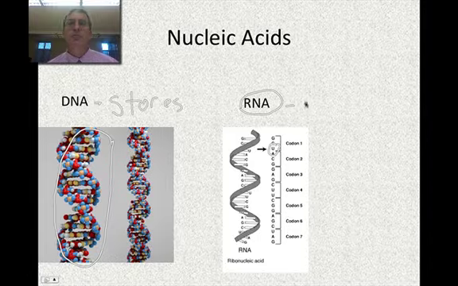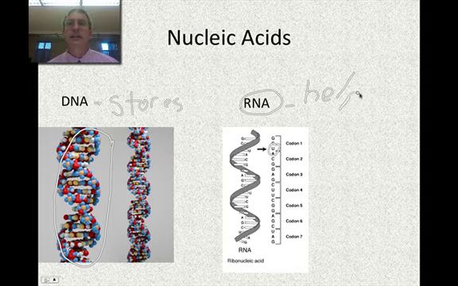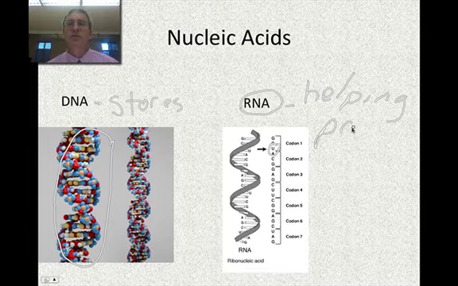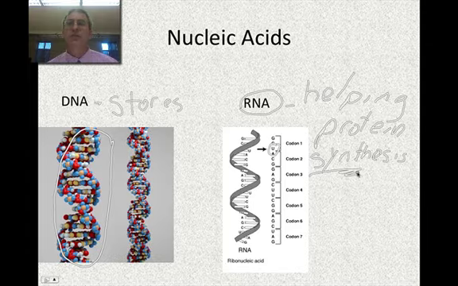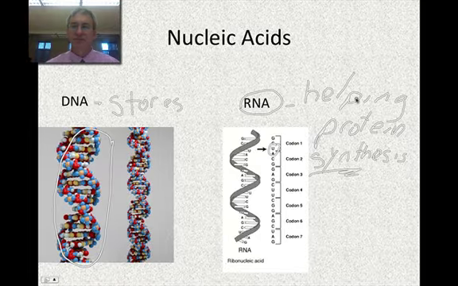RNA is responsible more for helping proteins get made. It's involved in protein synthesis. So DNA is the storehouse of information, but RNA acts to actually manufacture the proteins in the cell. And it has a few other functions as well that we'll discuss, but for right now, let's realize that it helps with protein synthesis.